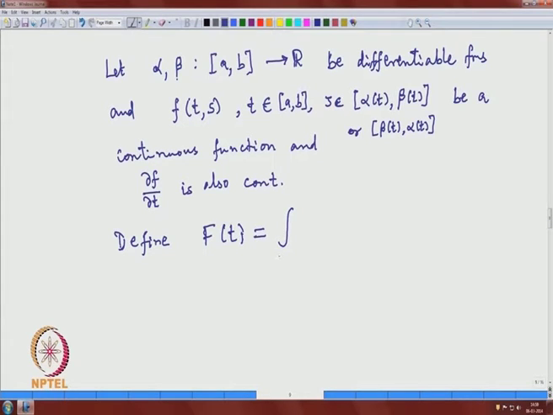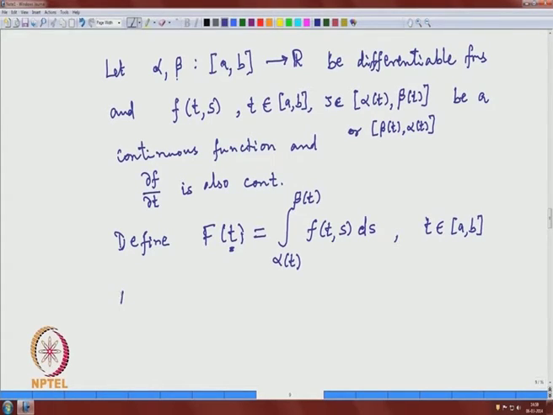So, the integral limits are now variables alpha t, beta t, and I am going to integrate with respect to s. Okay. So, remember that t is just fixed. Okay. So, once you fix this t, you define this for t in a b. Okay.